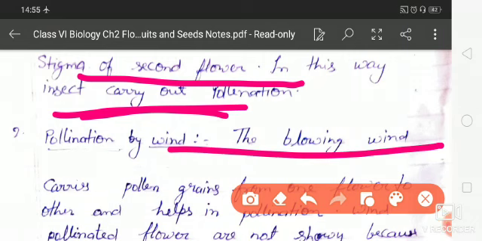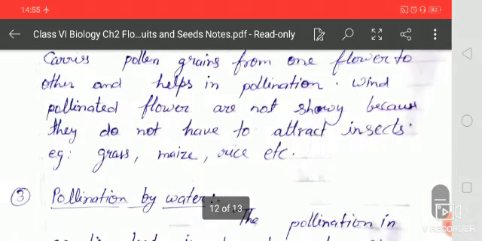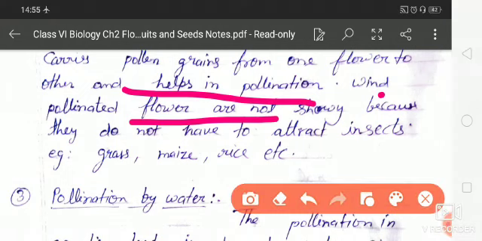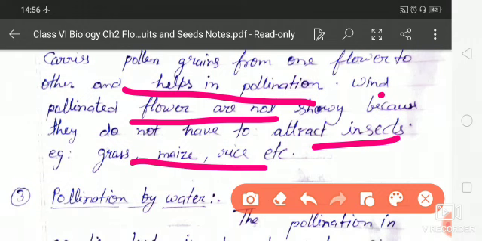And by wind, when the wind blows, the light pollen moves from one place to another place, and it helps in pollination. Wind pollinated flowers are not showy because they don't have to attract insects, for example grass, maize, rice, etc.